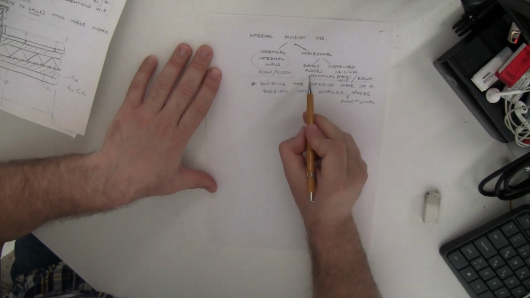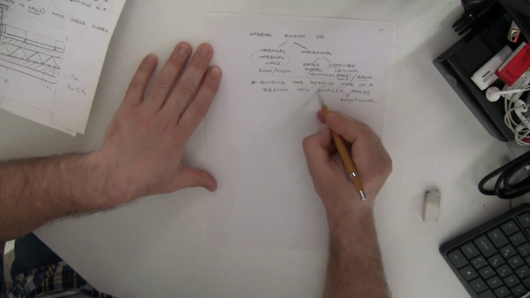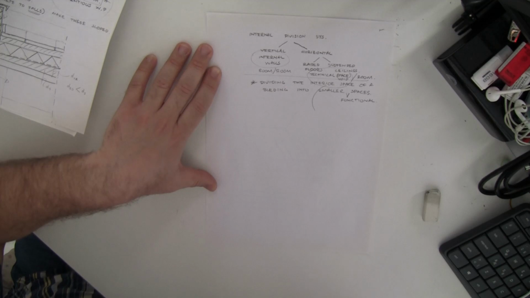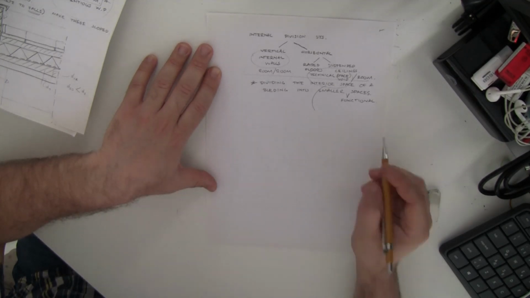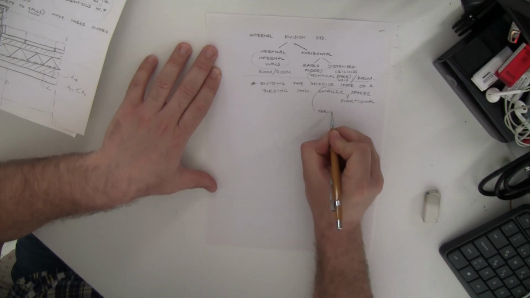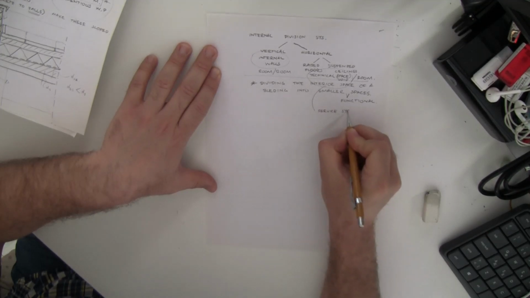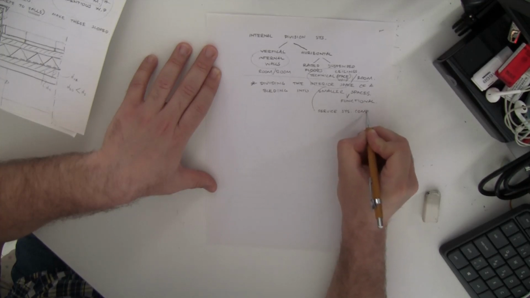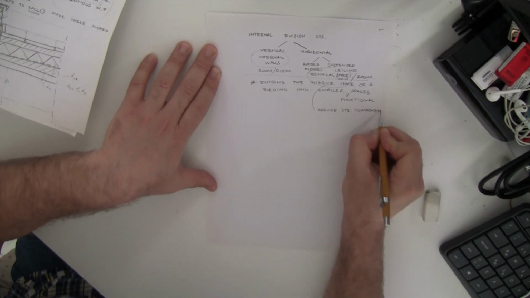Okay, what kind of technical equipment passes through the technical void that the raised floors or suspended ceilings are creating? Service system components. Like what?